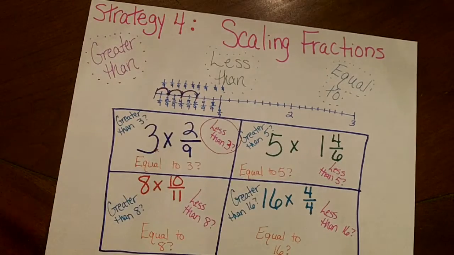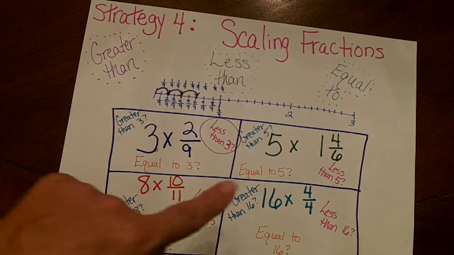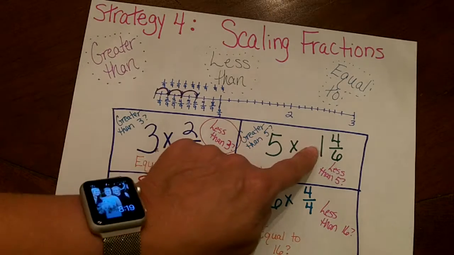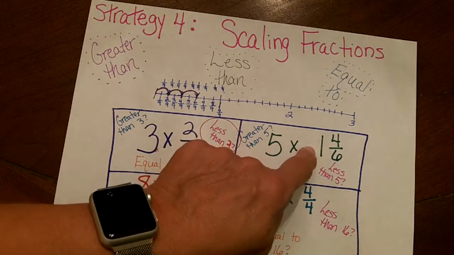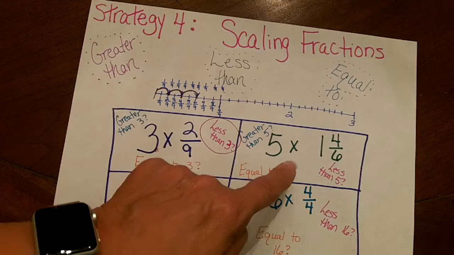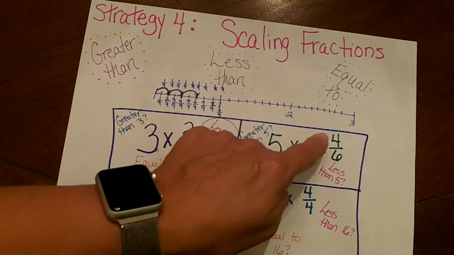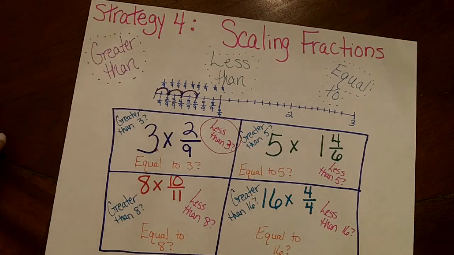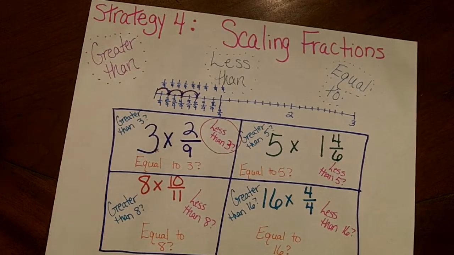All right, now let's look at this next one. 5 times 1 and 1/4. I'm going to look at this right here because this is my mixed number that has a fraction. I know that 1 and 1/4 is greater than 1. So guess what?